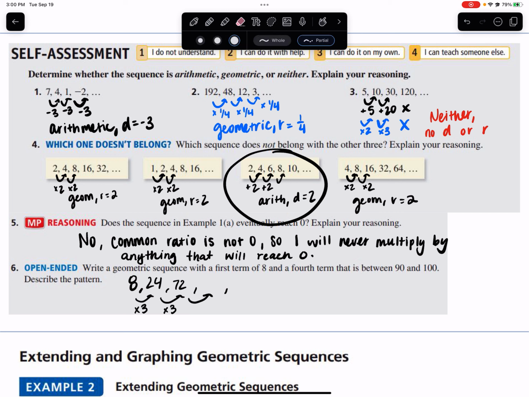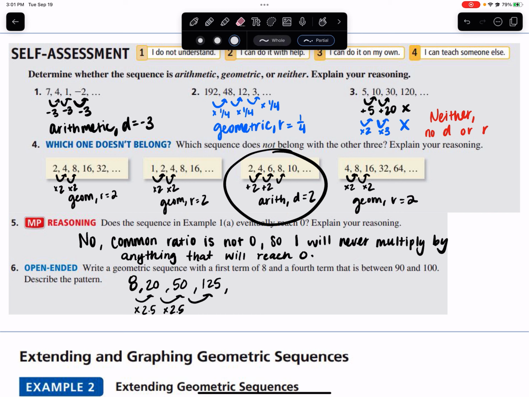Well, I know 2 is too small, so we'll do between 2 and 3. So we'll say 2.5 maybe. So 8 times 2.5 is 20, times 2.5 is 50, times 2.5 is 125. That's still too large.